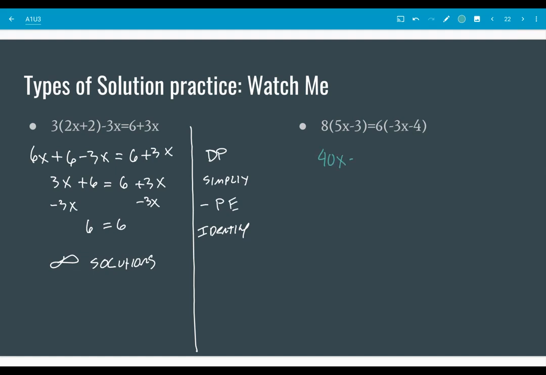So 40x minus 24. Negative 18x minus 24. And this is going to be the distributive property. This is going to be the additive property of equality. I'm going to add 24 to both sides.